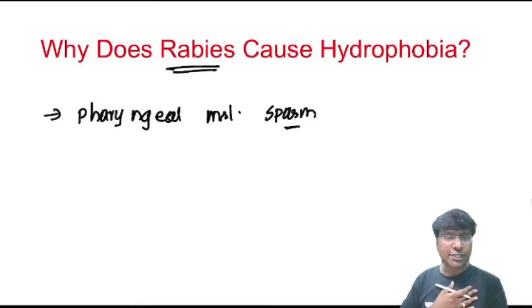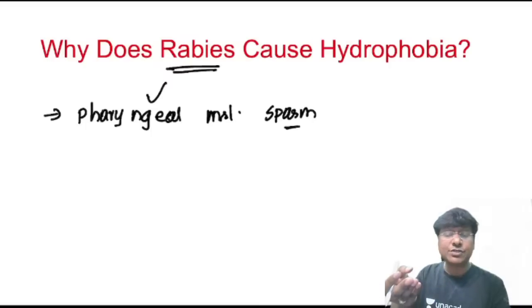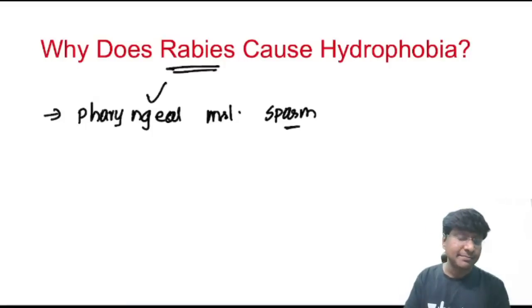So what I want to tell you is, rabies does not necessarily cause hydrophobia, but rabies is causing this pharyngeal spasm. So the individual will have a fear and will suffer from inability to swallow. That makes the rabies victim avoid drinking water as well as swallowing saliva.